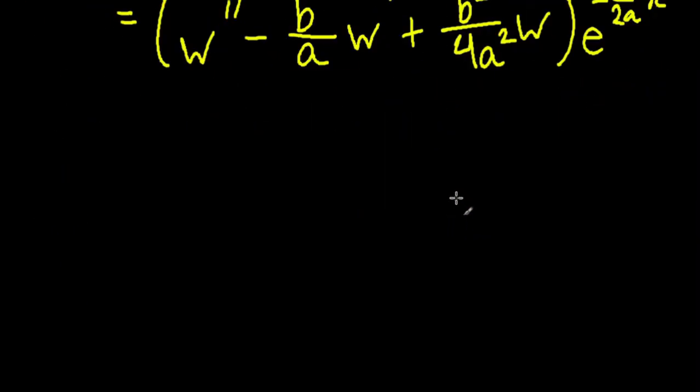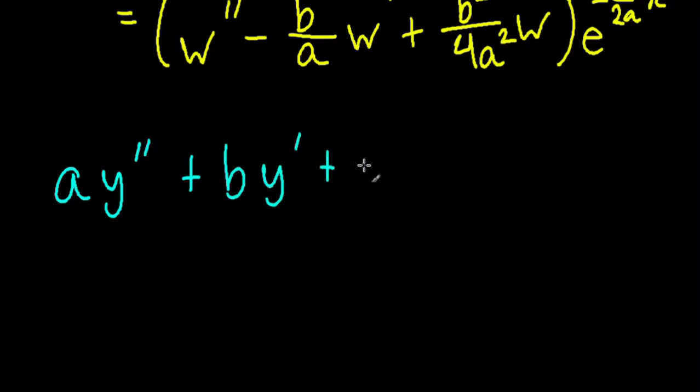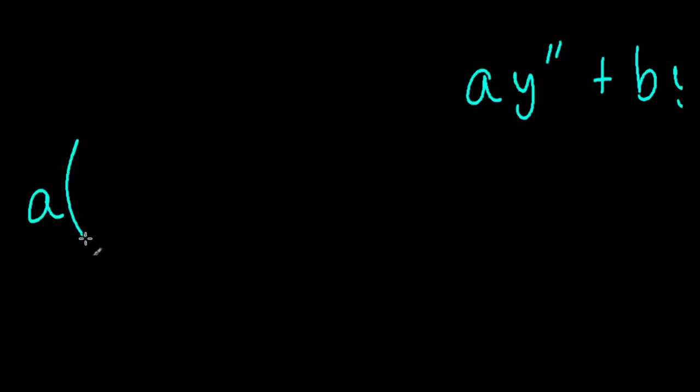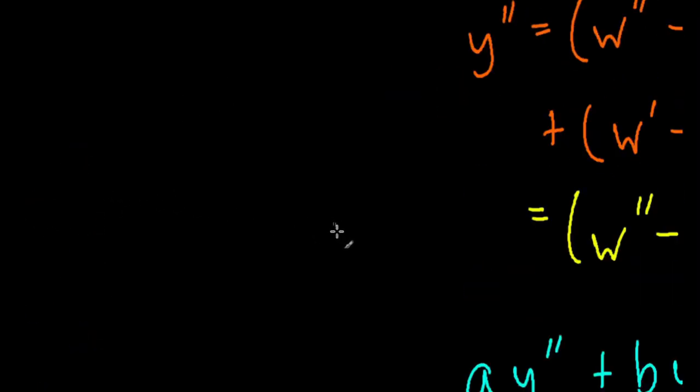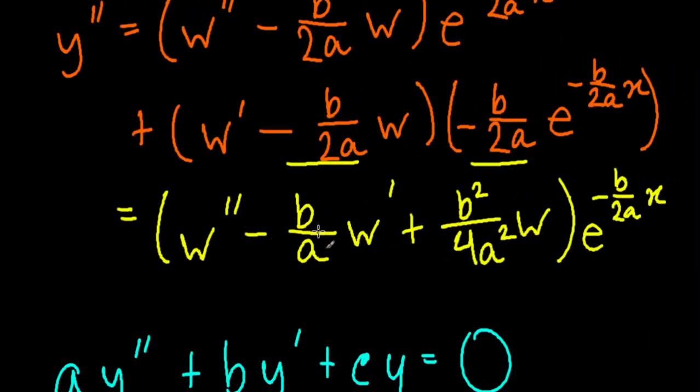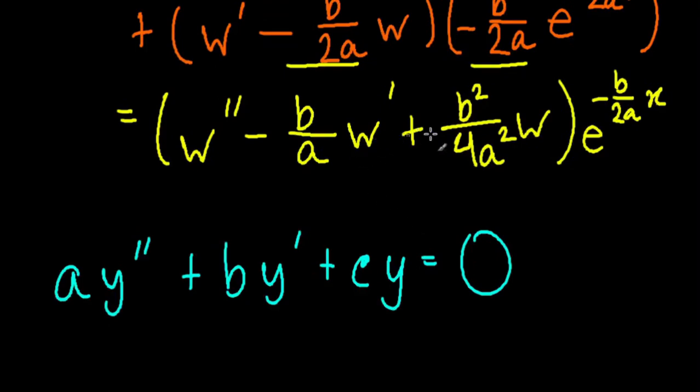Our differential equation was, as we've seen before, a y double prime plus b y prime plus c y equals 0. Now let's substitute the expression for y double prime first, since that comes at the head. So a, and we'll have the expression for the second derivative. So w double prime minus b by a w prime.